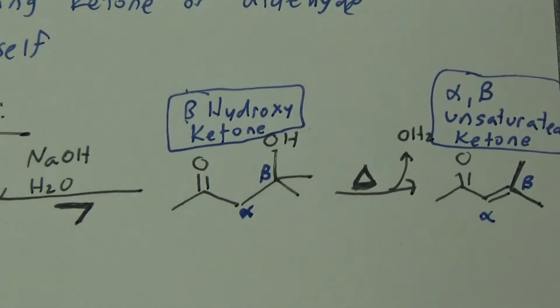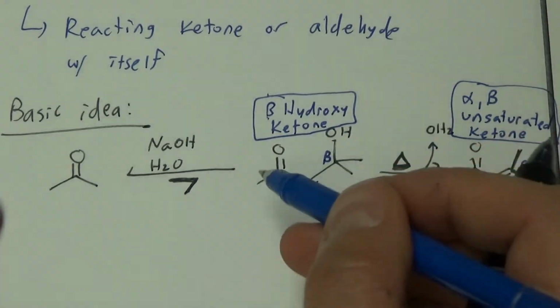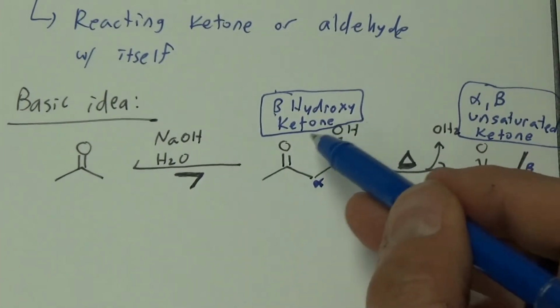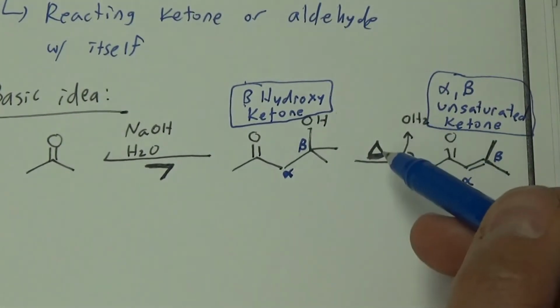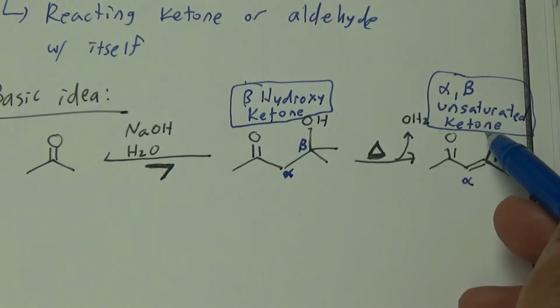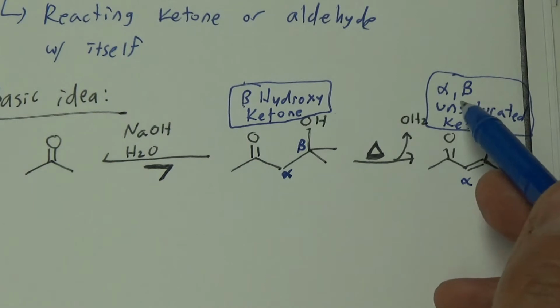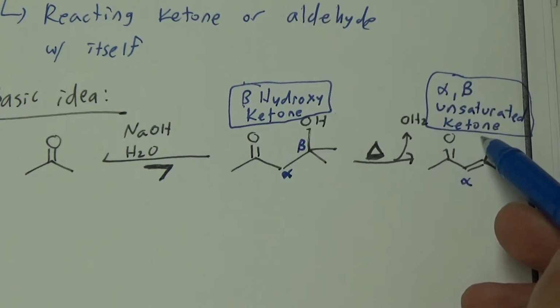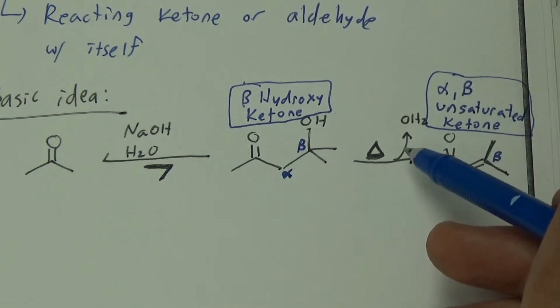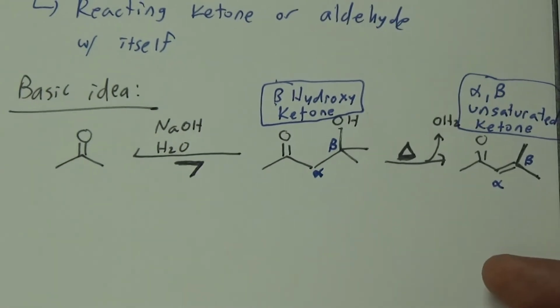So every aldol reaction will start by making a beta hydroxy ketone, and then with loss of water, you create an alpha beta unsaturated ketone. Sometimes it'll be an alpha beta unsaturated aldehyde.